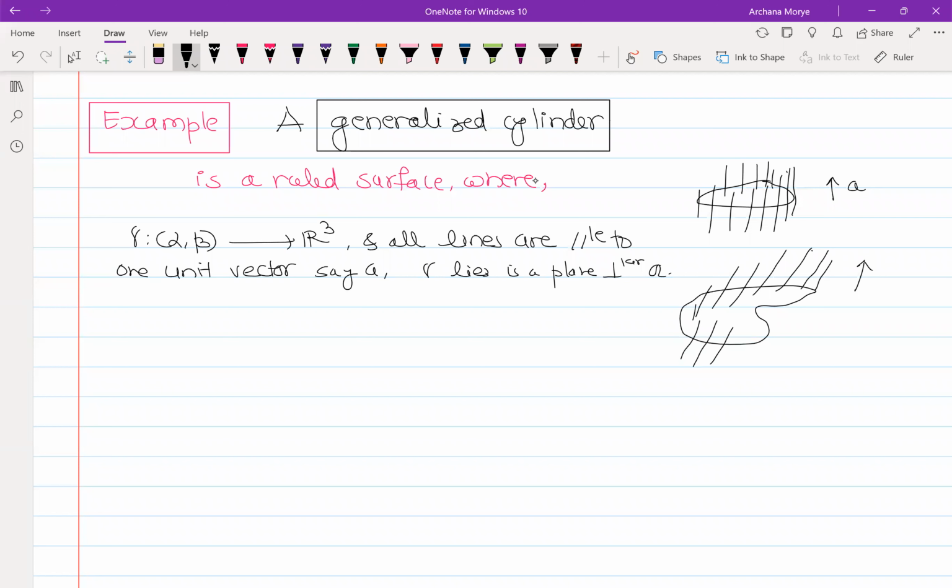I had to put something slanted here, but anything. These kinds of things are called a generalized cylinder.